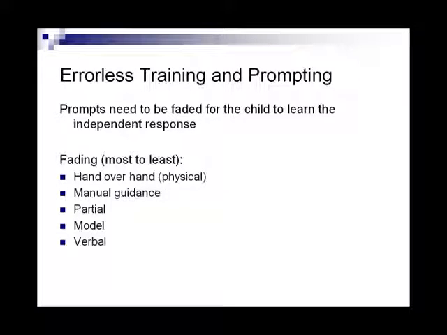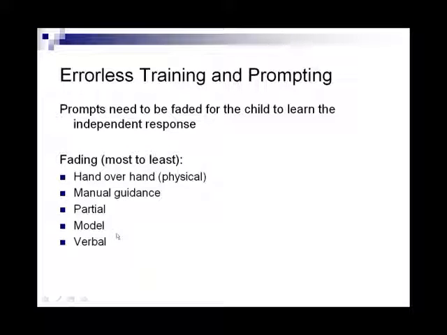In case he doesn't go all the way to his nose, you can go ahead and go with the hand over hand again. So it's just kind of shadowing. The partial prompt is more maybe just tapping his hand or tapping his shoulder as you say touch nose, so you're just partially prompting the child to engage in the response.